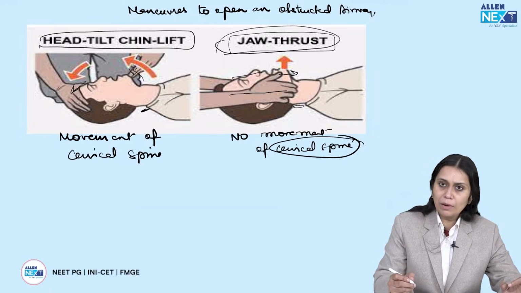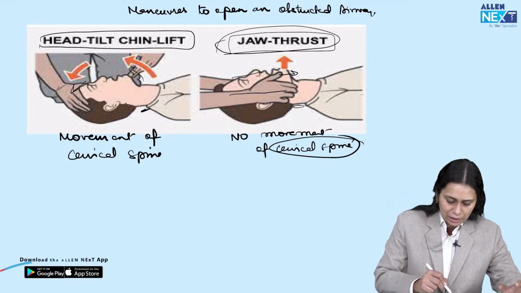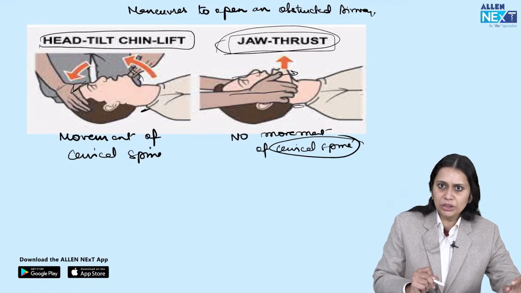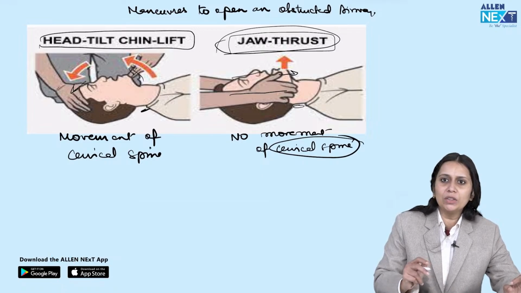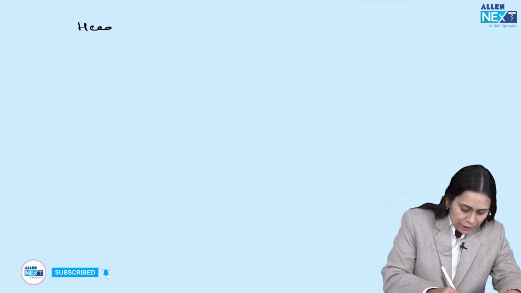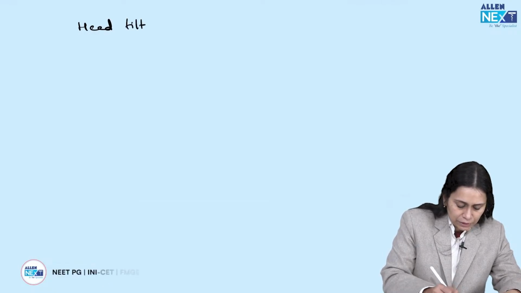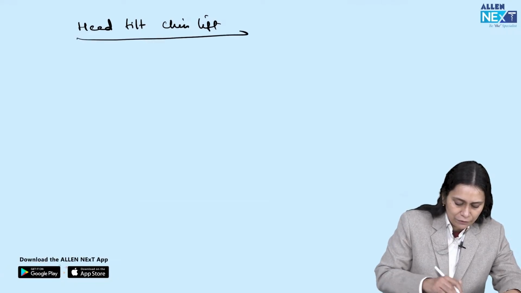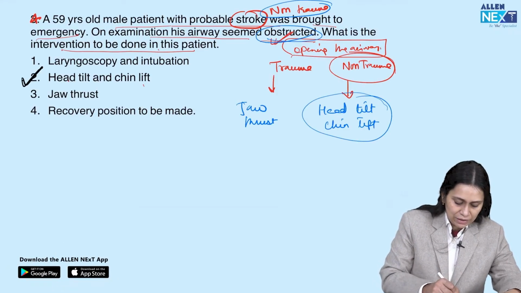Okay. So, in trauma victim, we always go for jaw thrust. And in non-trauma, we go for head tilt, chin lift. Why? Because this is a better maneuver to open the airway. So, let us talk about head tilt, chin lift. The image I have shown you is head tilt, chin lift.